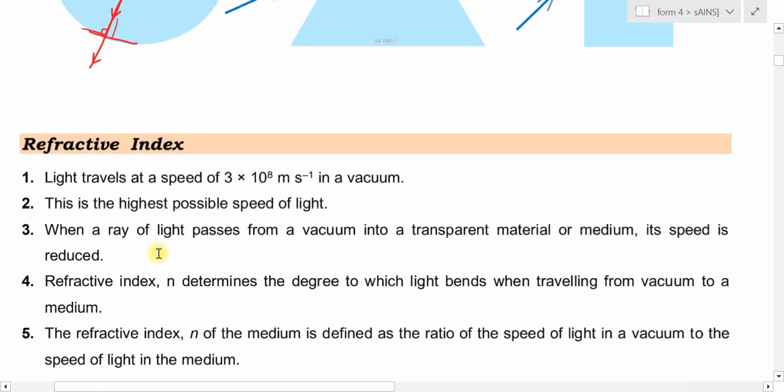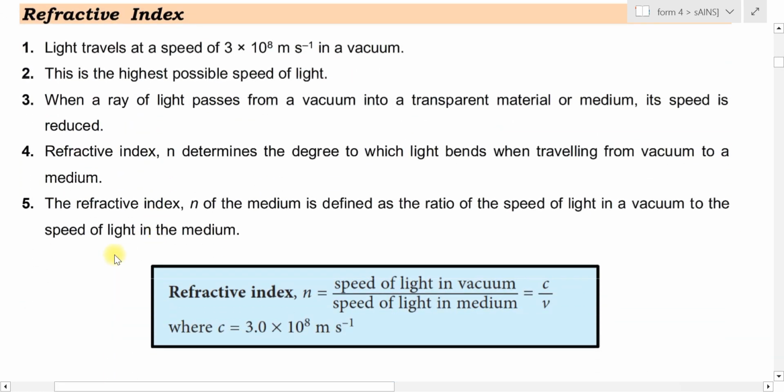Right. Next one. Refractive index. Light travel at the speed 3 times 10 to the power of 8 ms-1 in a vacuum. This is the highest possible speed of the light. When a ray of light pass from vacuum into a transparent material or medium, its speed reduce. Mestilah maximum speed yang kita boleh capai adalah 3 times 10 to the power of 8 speed of light.